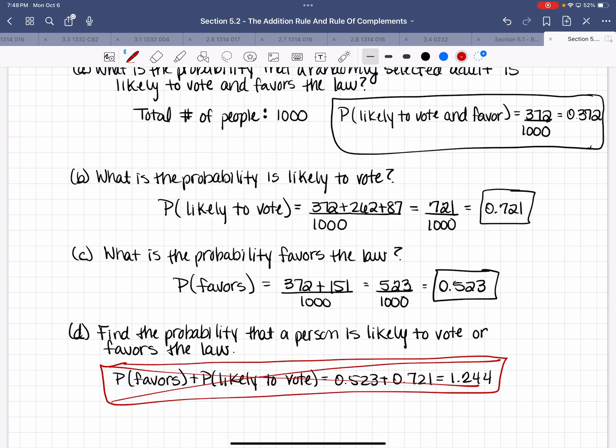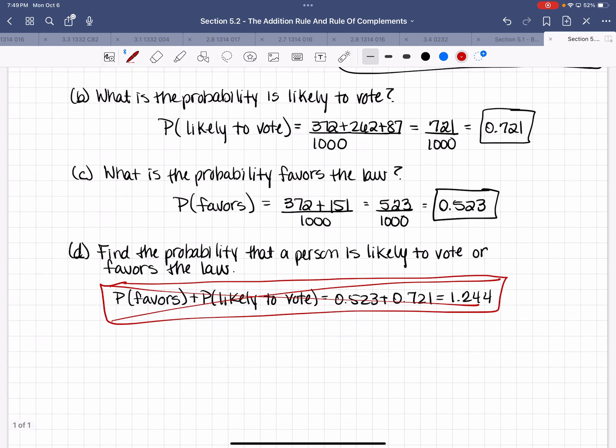Okay? So, it helps us come up with a rule, but let's look at the table and see what we have. If we want the probability of favors or likely to vote, okay?